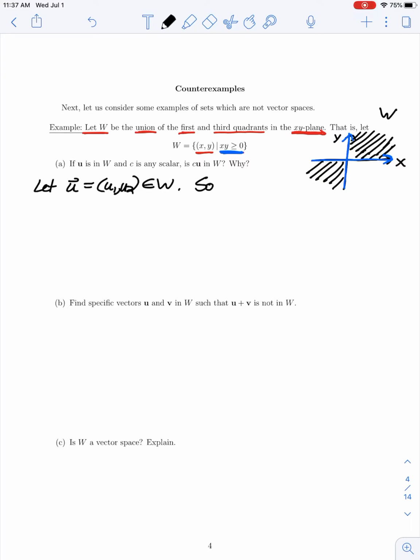That means the product of those components, u1 times u2, must be non-negative. That was the definition of this space W.